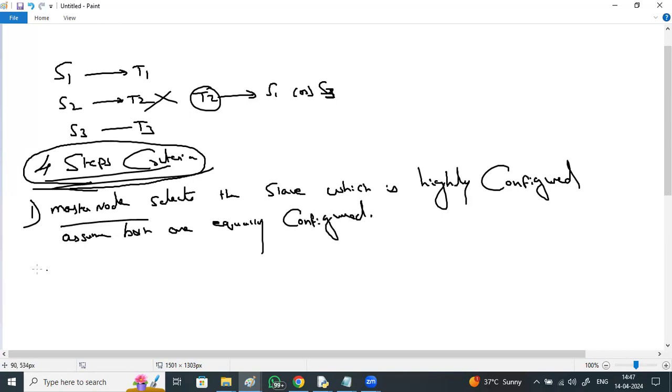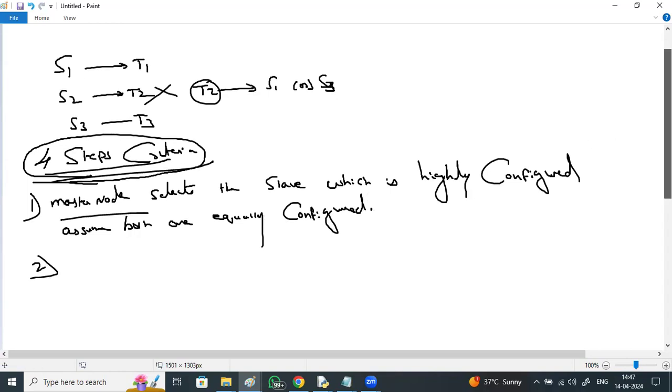Then second criteria, if both are equally configured, right?